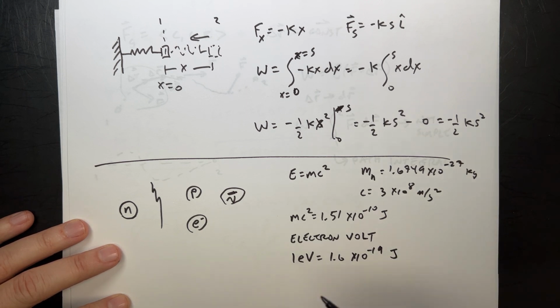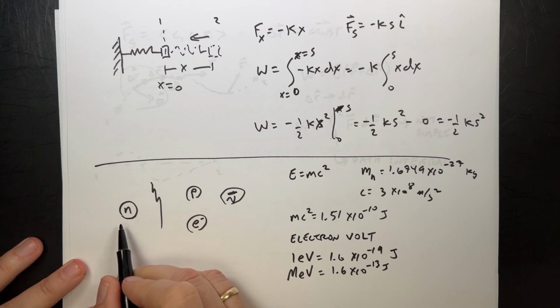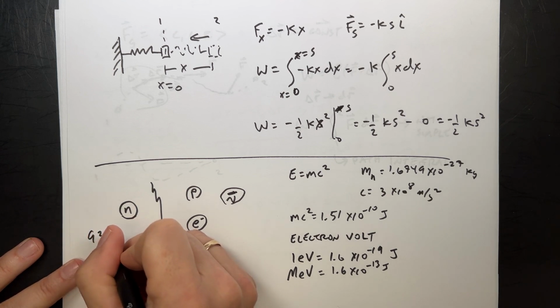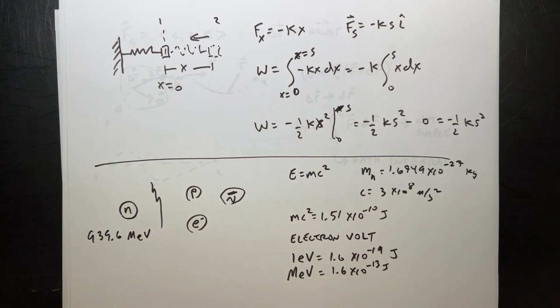And in fact we even do this, MeV is equal to 1,000,000 of those, so it's 1.6 times 10 to the negative 13th joules. So over here, the rest mass energy of a neutron is equal to 939.6 mega electron volts, or MeV. You can say it either way. You can say MeV, that's what most people say, or mega electron volts.